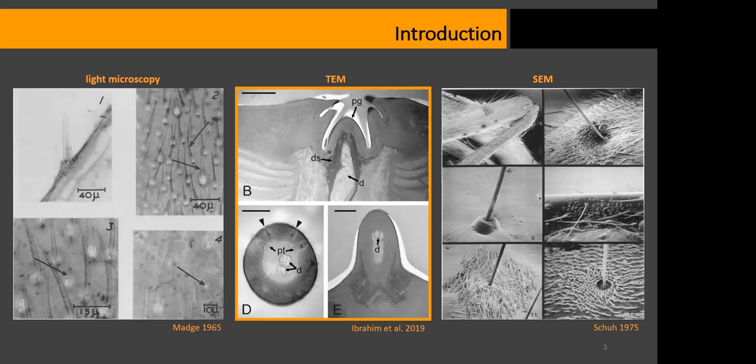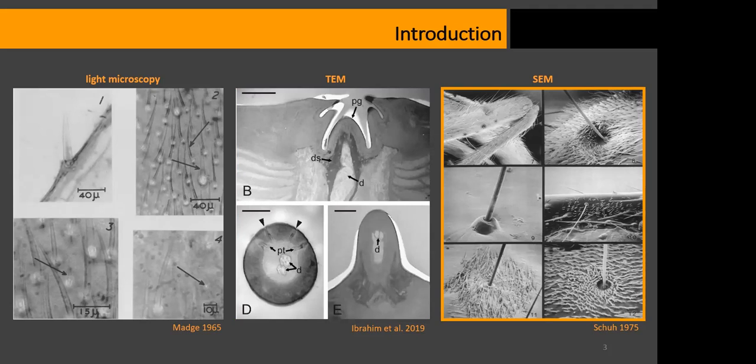The method that facilitated and popularized the research of sensory organs is scanning electron microscopy. A suitable scanning microscope allows determining the function of individual sensilla based on their morphological features.